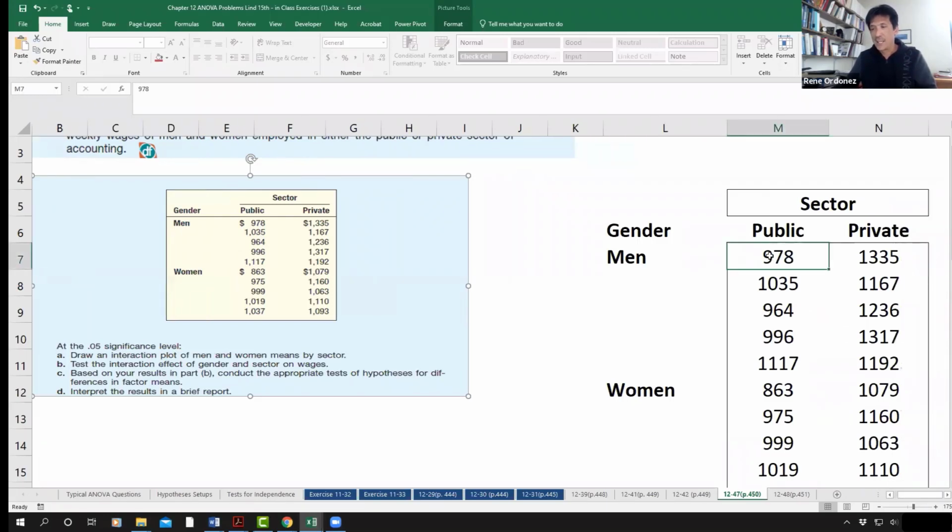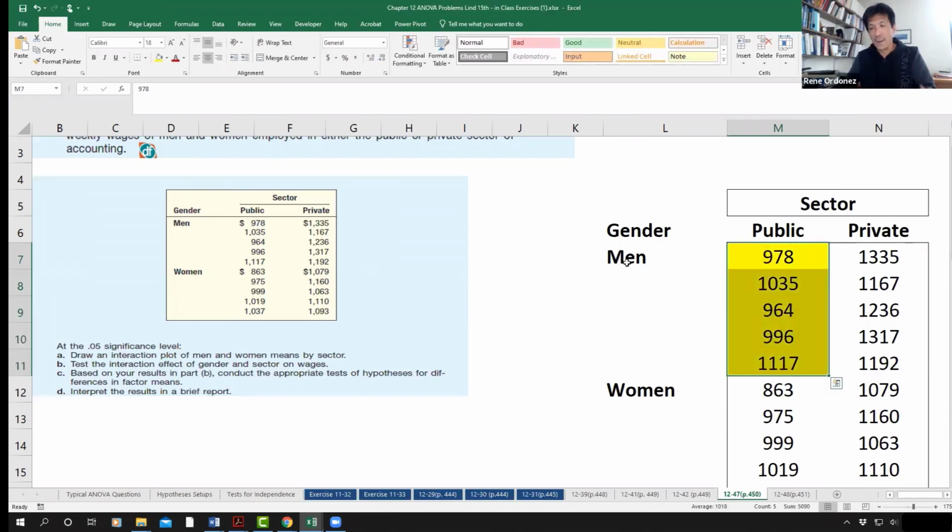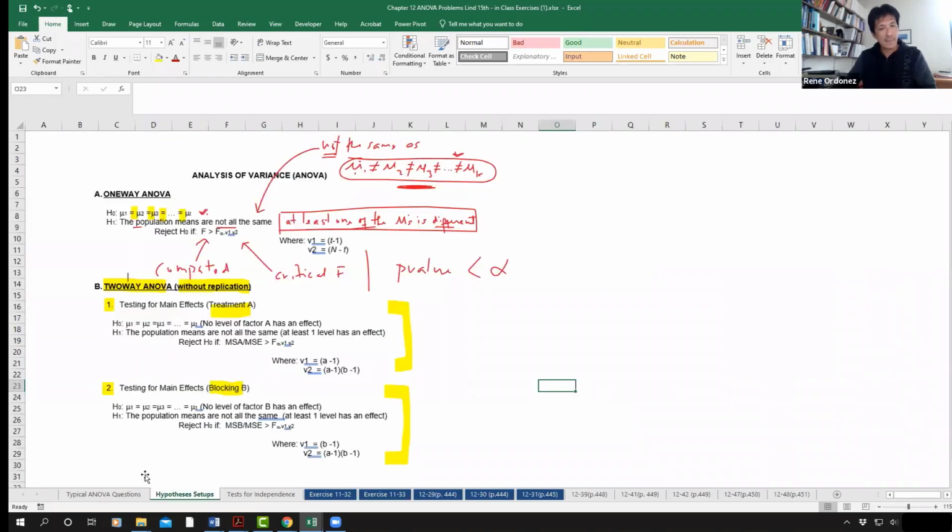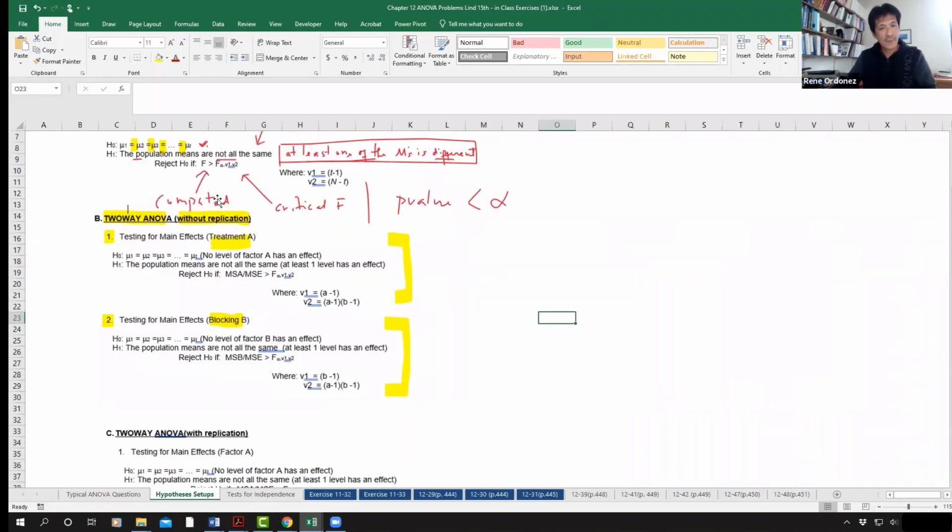For example, for accounting employees in the public sector who are men, there were 5 individuals that fell within this category. So this is an example of a two-way ANOVA with replication. Okay, does that make sense so far in terms of the difference between two-way ANOVA without replication and two-way ANOVA with replication? Okay, good.